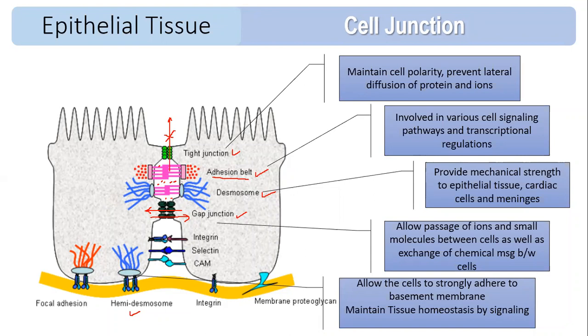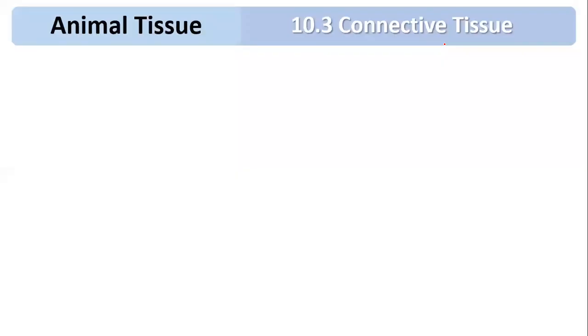To the basement membrane so that they will maintain the tissue homeostasis by signaling. So these all are the 5 types of junctions present in epithelial tissue. Do you have any doubts?